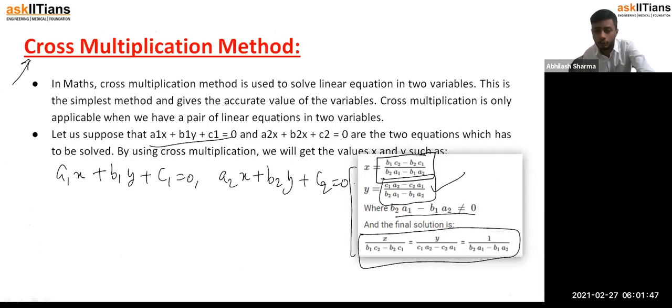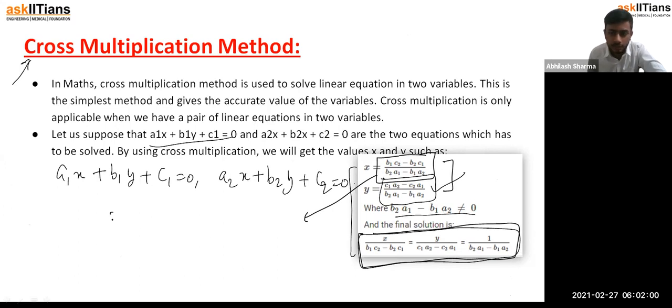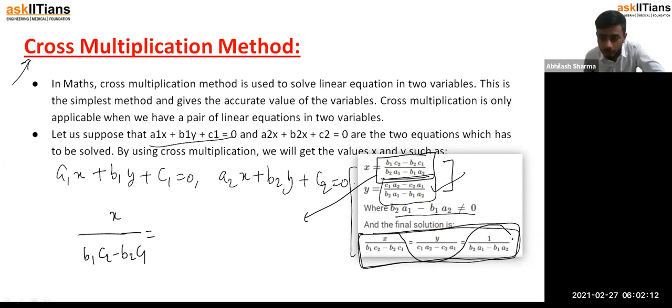So these two formulas we have derived. Now, how can we say that this can also be written in this form? Obviously that's true, because from this equation you observe that x upon b1c2 minus b2c1 is equal to 1 upon b2a1 minus b1a2.